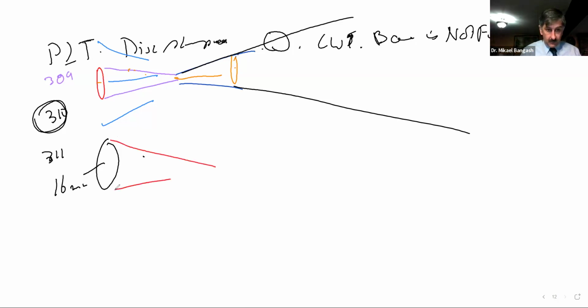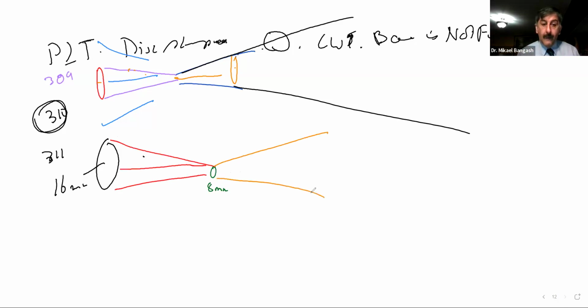Now here, this is 1 near zone length. What happens to your beam here? It's going to be 8 millimeters. We have another near zone length, and what's going to happen here? The diameter is going to be 16 millimeters.